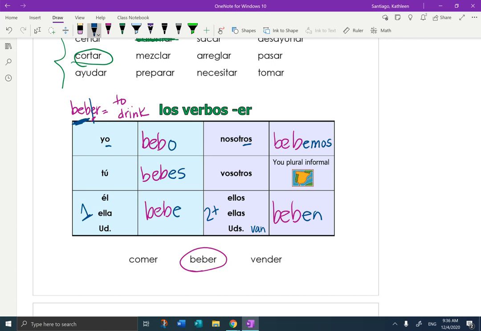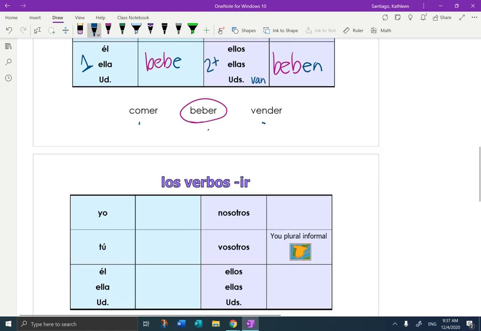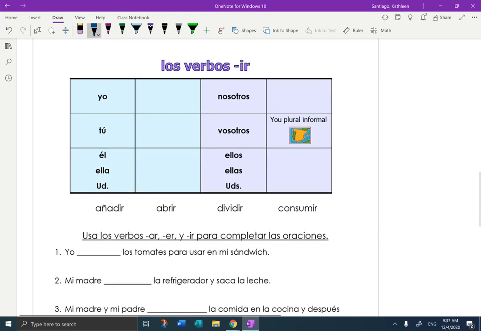Okay, muy bien. Again, to eat, to drink, to sell. Let's go down to the IR verbs. Chop and add again. There are 4 verbs here. Añadir, to add. Abrir, to open. Dividir, to divide. Consumir, to consume. Let's do añadir.